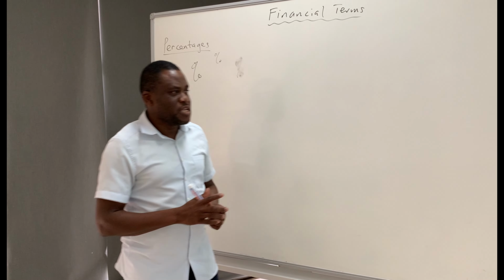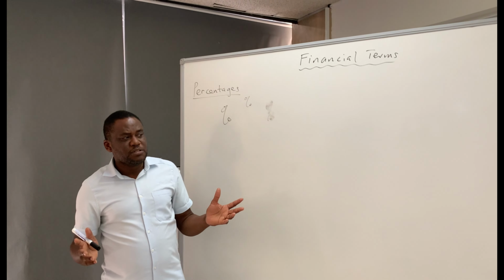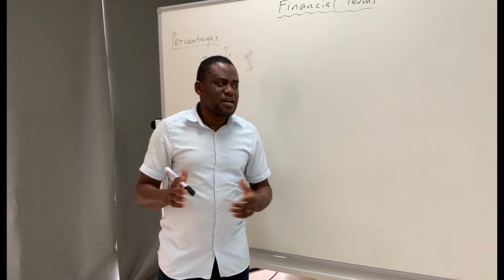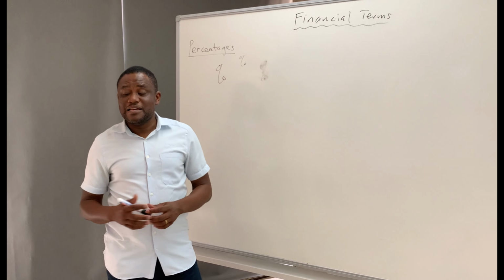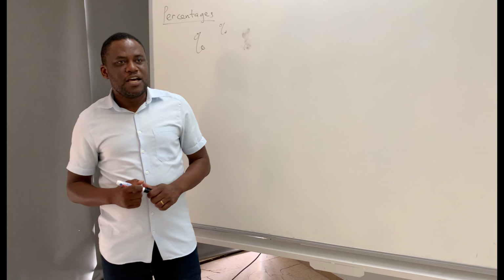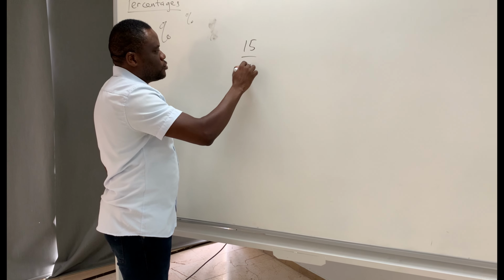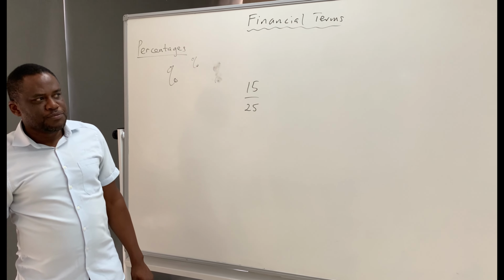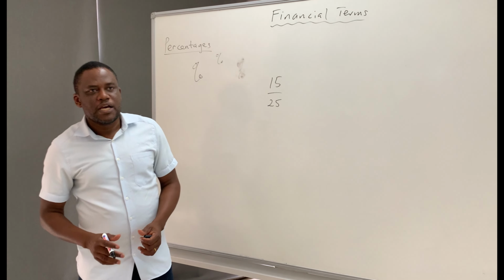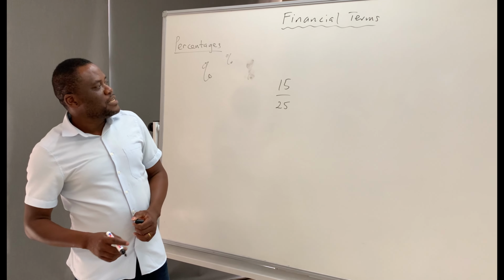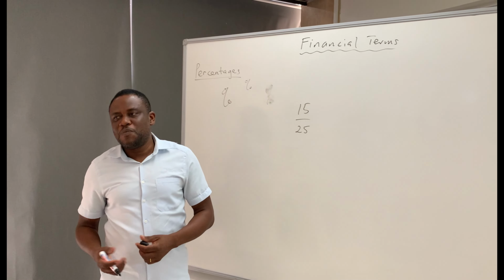Another example is let's say the class marks in mathematics class is 15 out of 25. If this is the marks, then I say we should convert this to percentage.